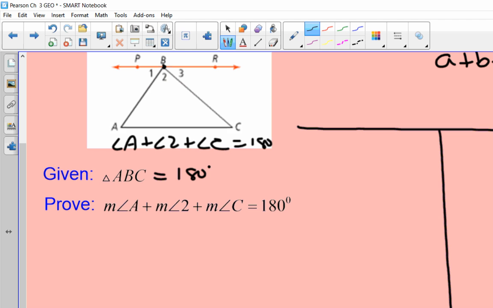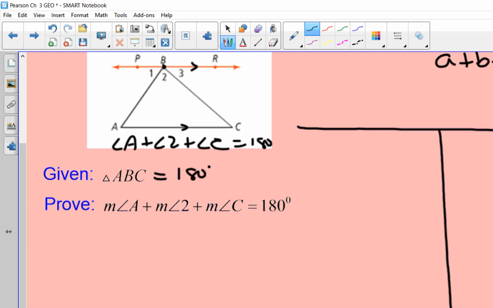I think it probably should be, but I think the authors are trying to assume that you can see it or know it, and that's not really good. But I'm going to assume that those two lines are parallel. There's nothing here that can really prove it, so we're just going to go ahead and say that right off the bat.